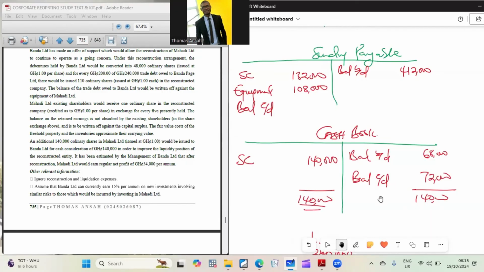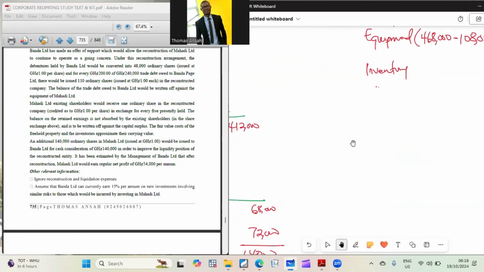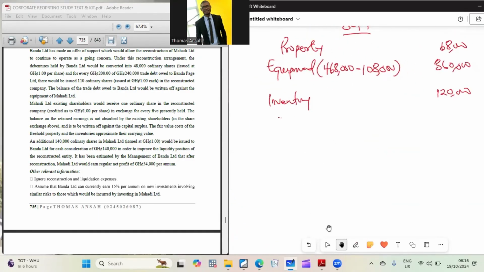So it means this carry down is going to our balance sheet. Where's our balance sheet? Cash 72,000. So let's balance it. Then we come to our equity side.